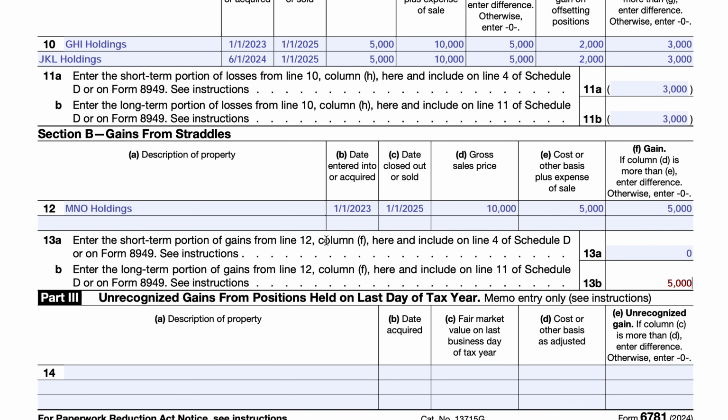Now, you may have different rules if you're deferring this amount as part of a qualified opportunity fund investment. You can do that. Basically, you would have to follow additional instructions to determine exactly what would qualify as a QOF investment.